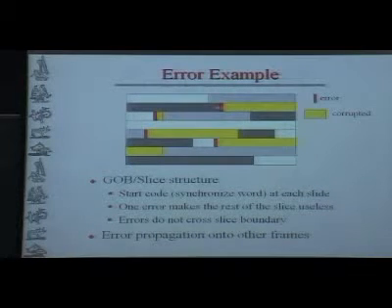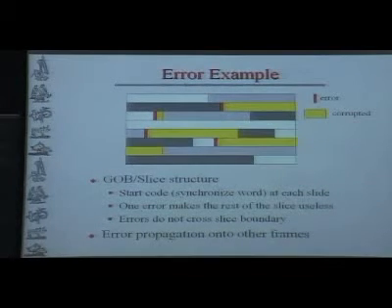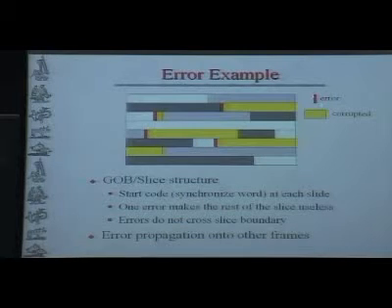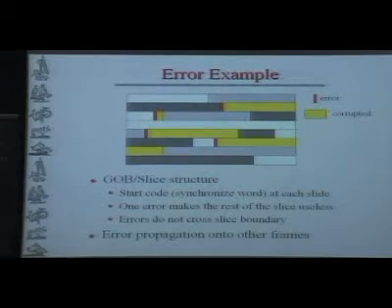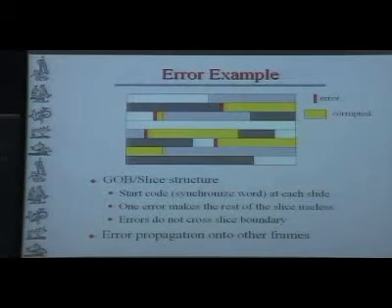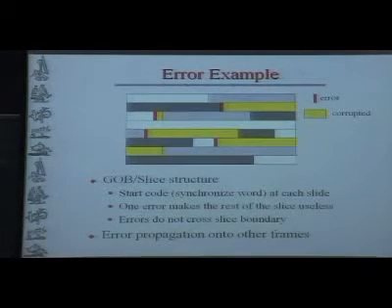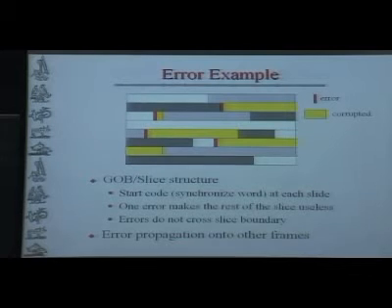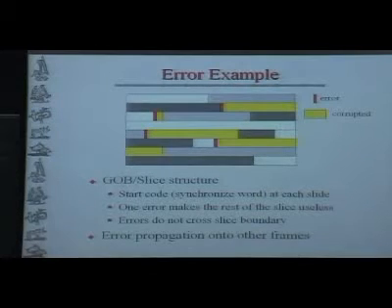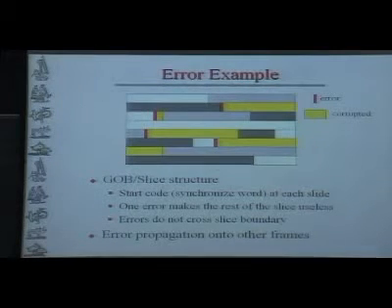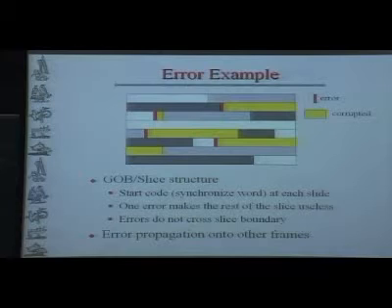So these different colors indicate different slices, and then I have an error. This error will lead to more errors. For example, if you do Huffman decoding, and suddenly a bit gets flipped, 1 becomes 0, will you decode it right? No. And what about the rest?